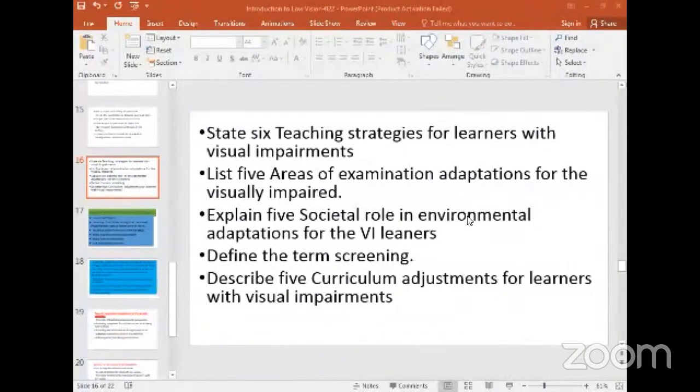Providing large materials for those with low vision.